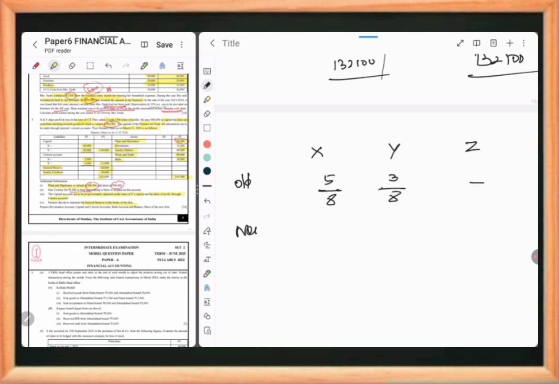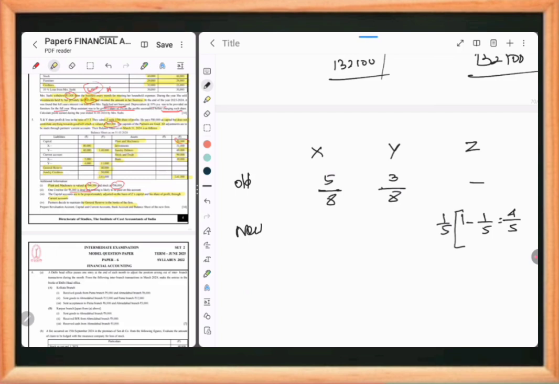One more partner, that is the new partner Z, was admitted for 1/5 share. For 1/5 share means 1 minus 1/5, that means the remaining share will be 4/5. So out of that, 1/5 is given to Z, and the remaining 4/5 will be shared according to 5:3.